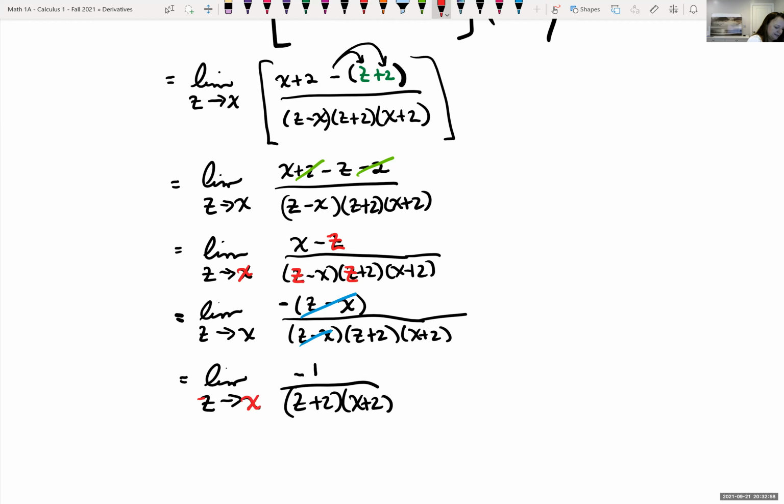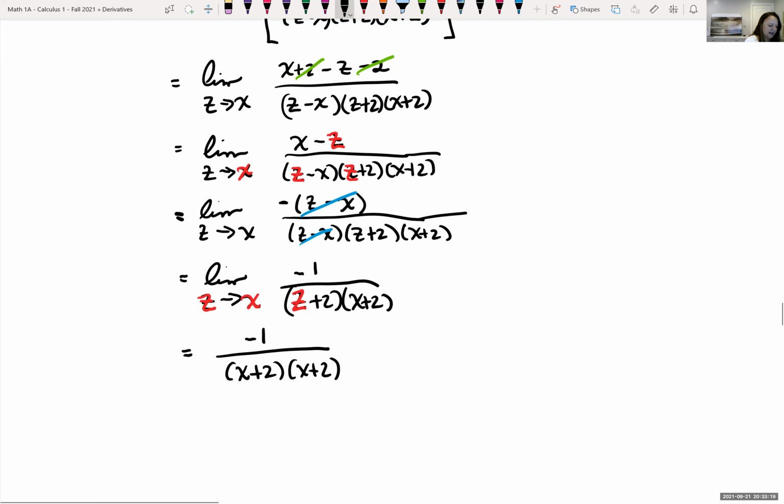So wherever we see a z, we're replacing that z value with x. So that's -1 all over x plus 2 times x plus 2, or x plus 2 quantity squared in that denominator.